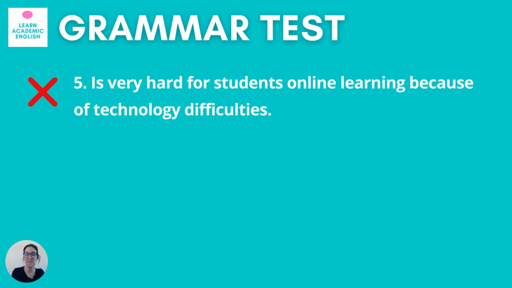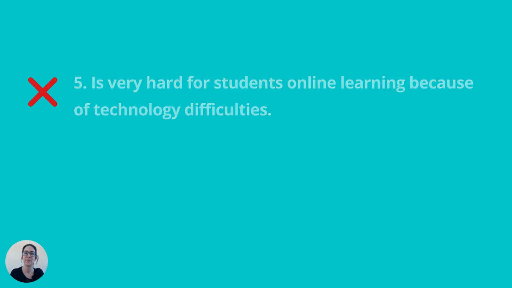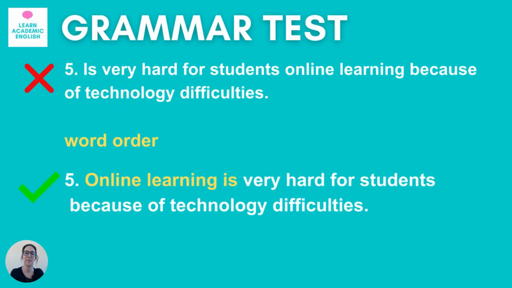And the last one is very hard for students online learning because of technology difficulties. Think about what the mistake is. Can you correct it? And can you explain it? The problem here is word order.